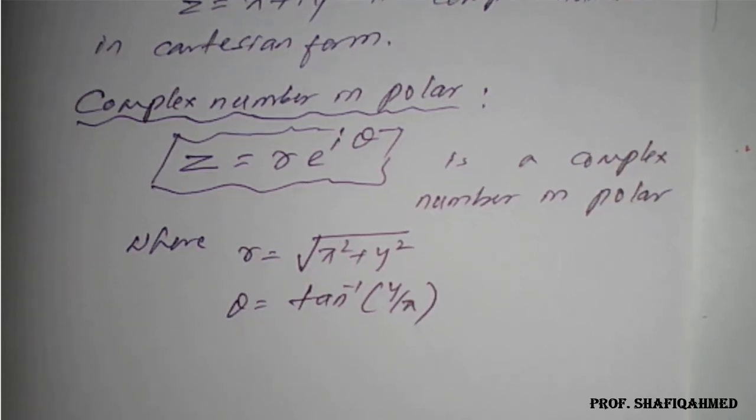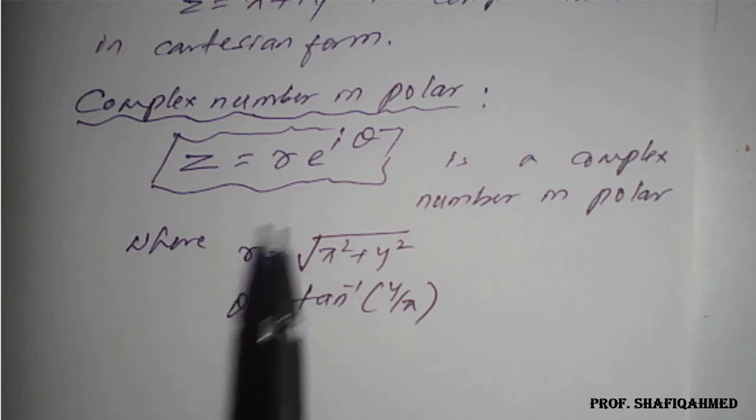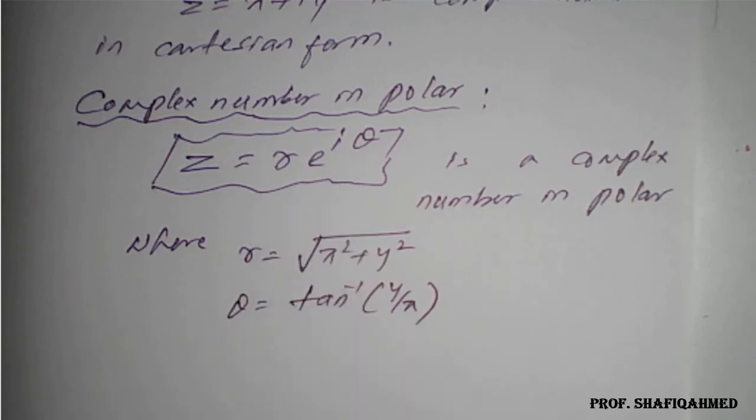We don't need the details right now, just remember what the polar form of the complex number is, that is z is equal to r into e raised to I theta. With the help of all these basic concepts and the definition of complex numbers in Cartesian and polar form, we'll see the actual concept, what complex variable functions are, their derivatives, and which kind of situations we are going to face, in detail in the next lecture.